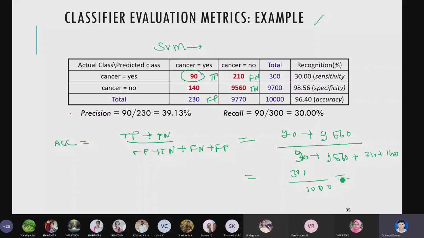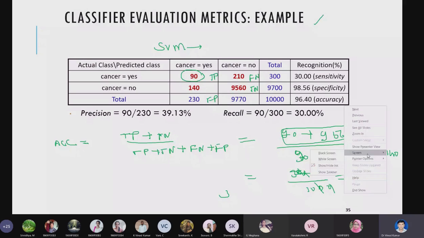What is the accuracy now? Calculate this one. You did some wrong calculations. I wrote one number wrongly, it is 9,650, so you have to add that one.